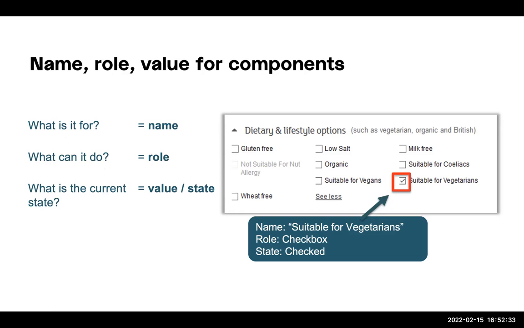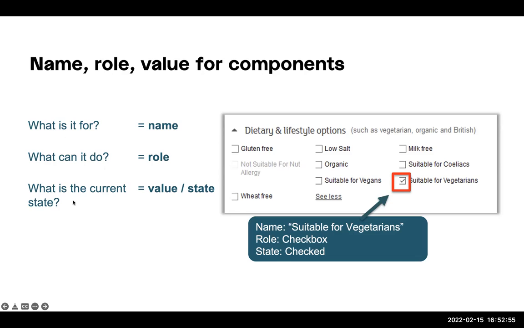Whether it is a link, so I would expect to navigate to another page, or a button that performs an action within this page, or a radio button to select, or a checkbox to select multiple of them. So this is the role.